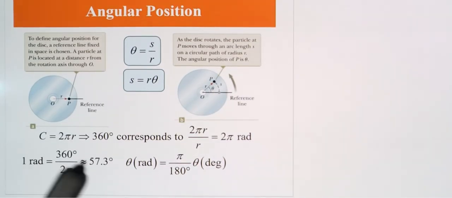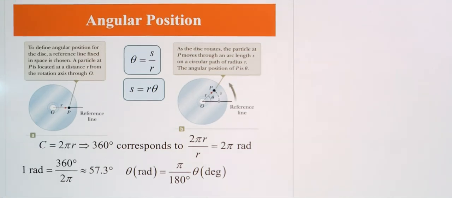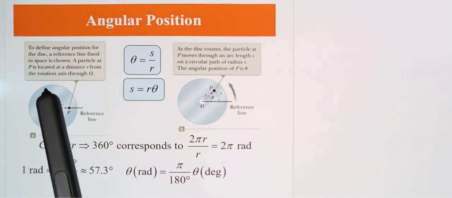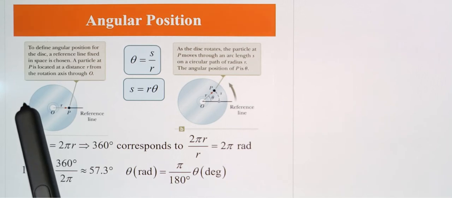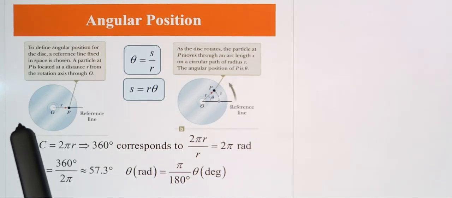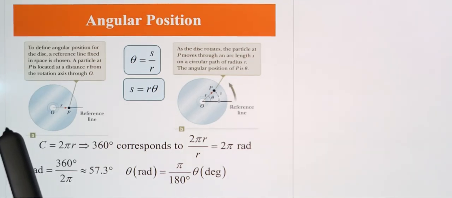First of all, let's talk about the angular position. To define angular position for the disk, a reference line fixed in space is chosen.